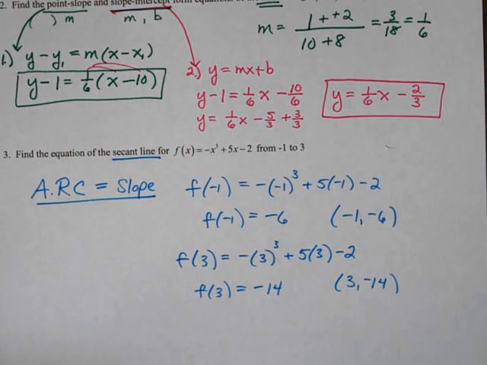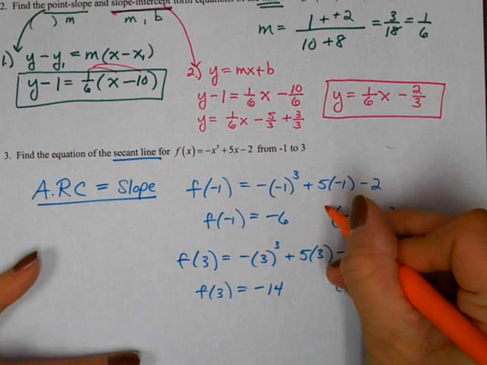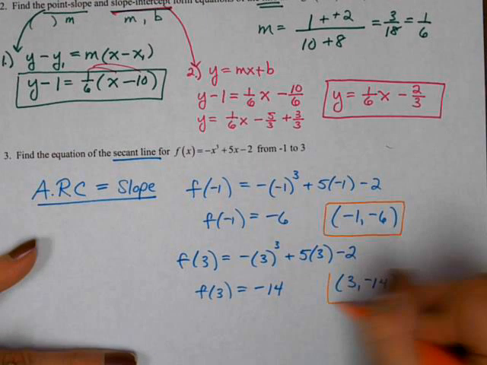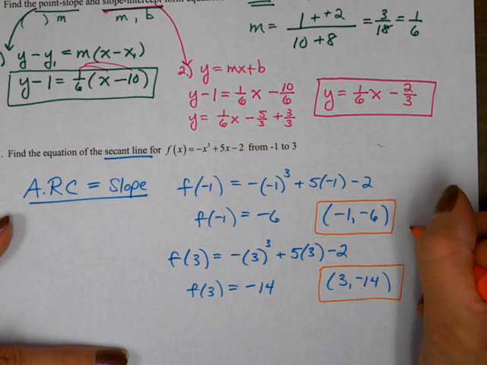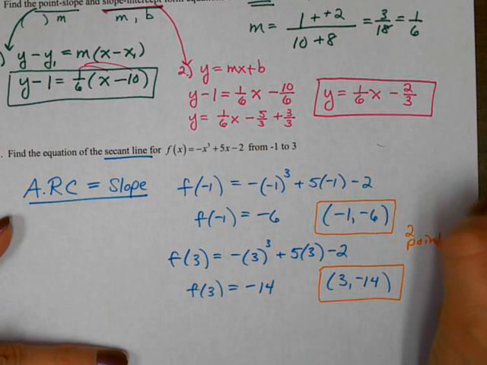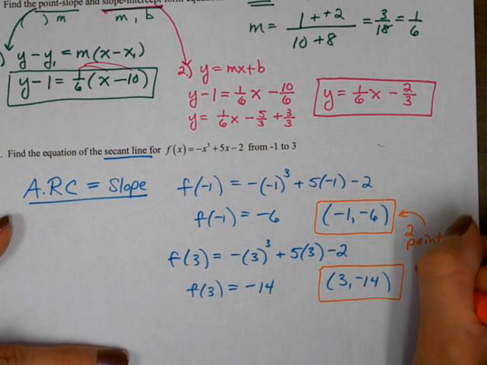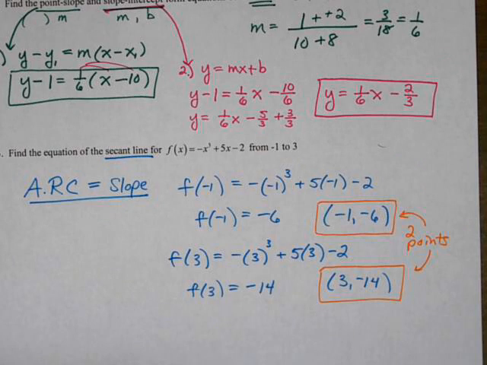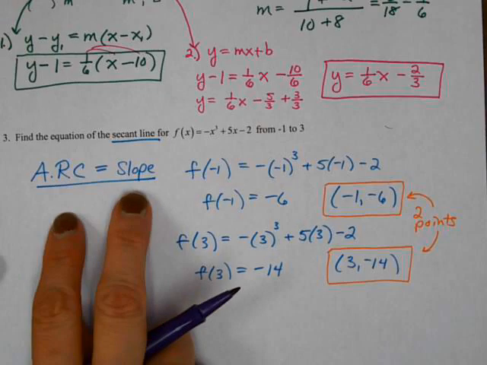So what we just found here are two points. That was always step 1. We found two points, going from -1 to 3. Now what are we going to do with that? We're going to use that to find the average rate of change, which is the slope.